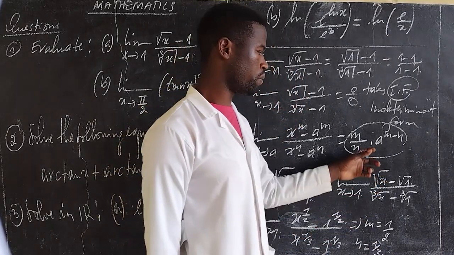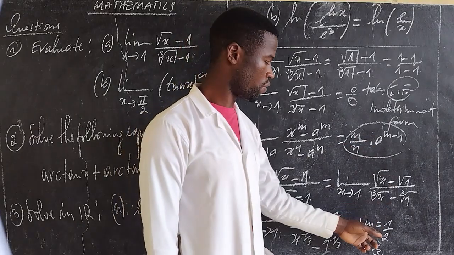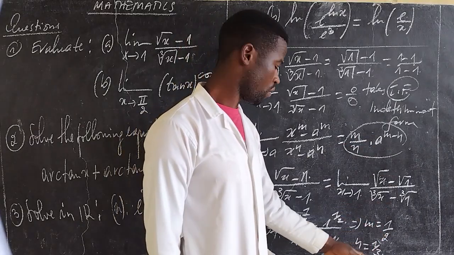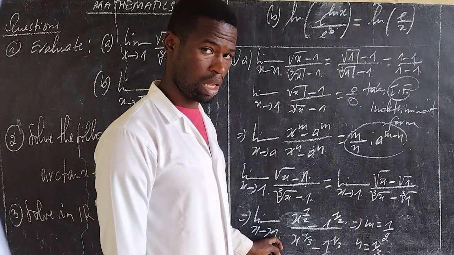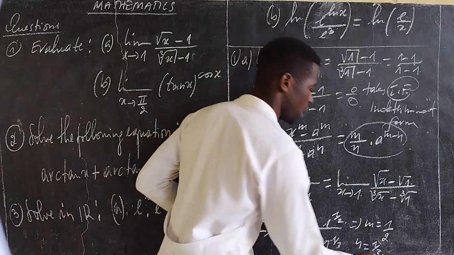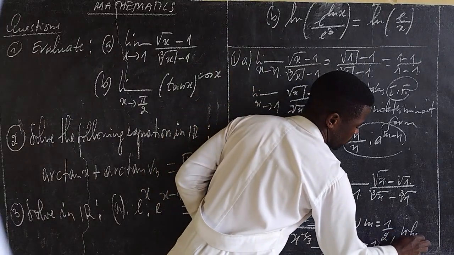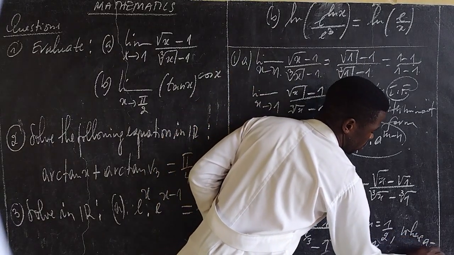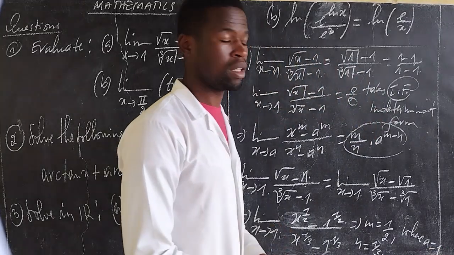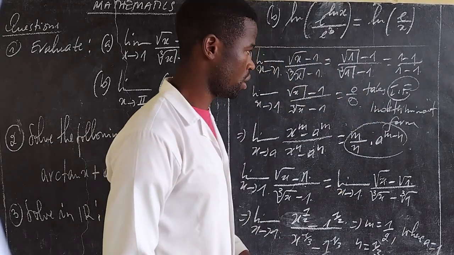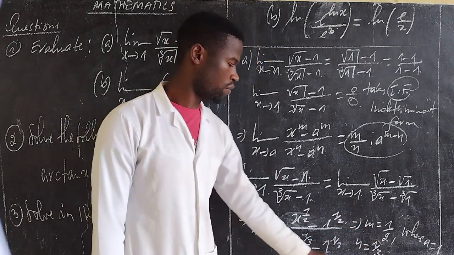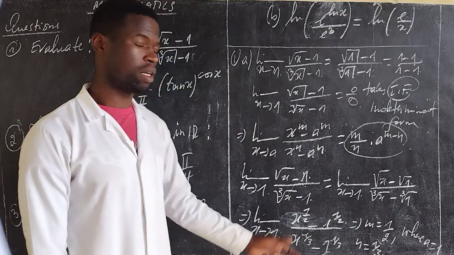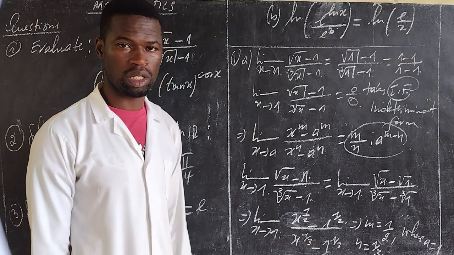Then by using this property, if you know the value of m and the value of n, remember that a is equal to 1 here. If you have the value of a, the value of m and the value of n, it is simple and easy to solve this kind of equation.